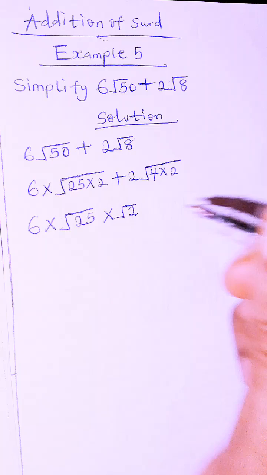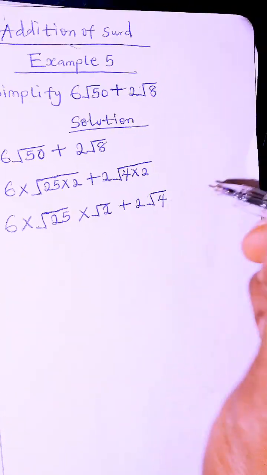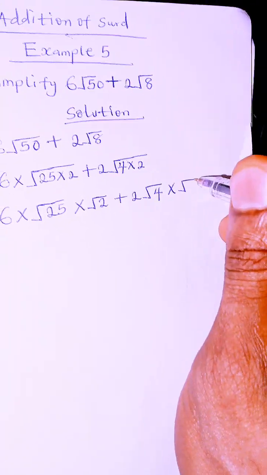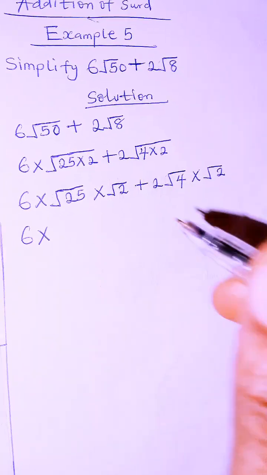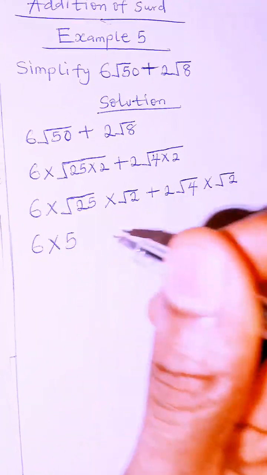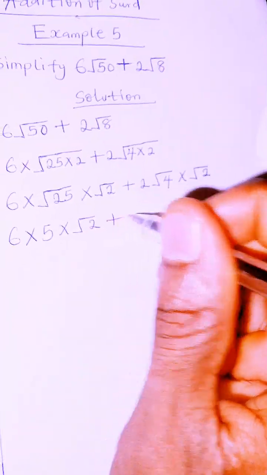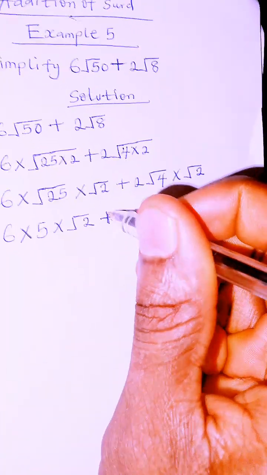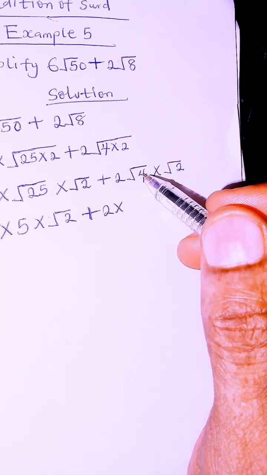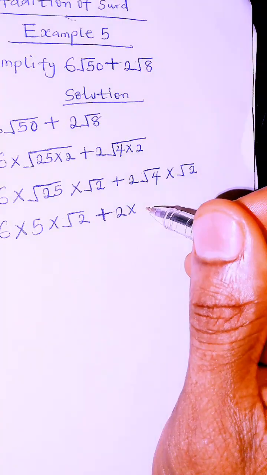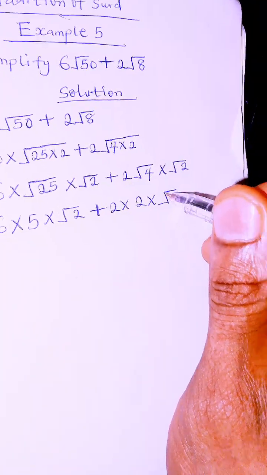Root 2 plus 2 root 4 times root 2. 6 times square root of 25 is what? 5 times root 2 plus 2 times square root of 4 is what? 2 times root 2.